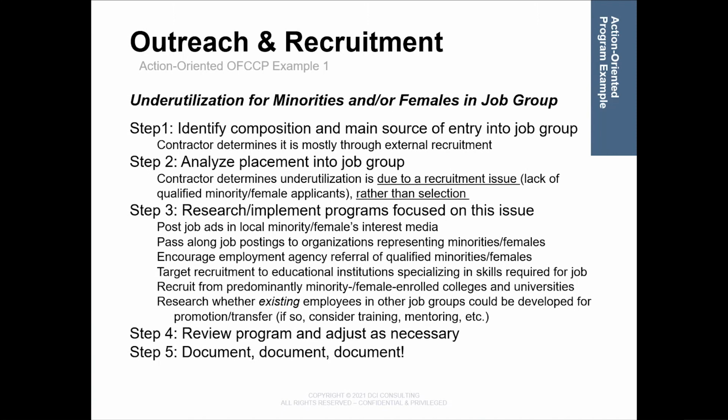Step 4, the contractor must remember to periodically review all efforts to ensure that they are effective and then adjust these efforts as necessary. It's okay not to hit the target, but you want to be realistic and honest with yourself as a company if you're consistently not meeting the target and needing to adjust your approach, research, and understanding of the framework and opportunity areas.